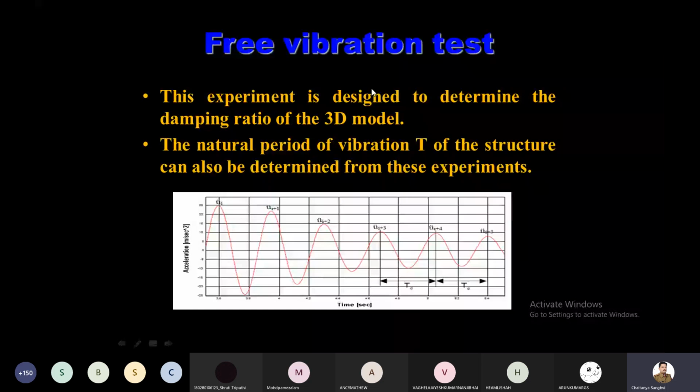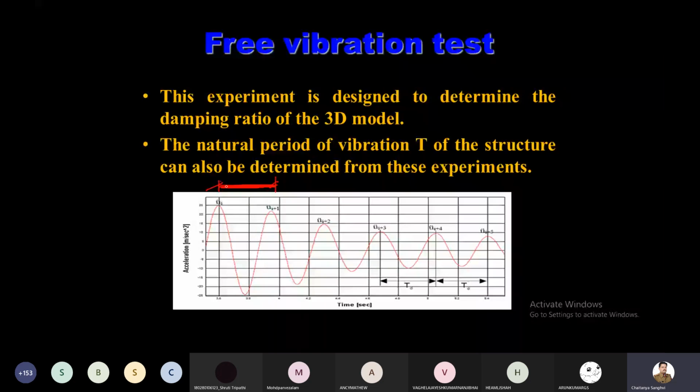This is the acceleration curve, and this is one cycle of vibration, peak to peak. The time required to complete one cycle is known as the natural period of the building.